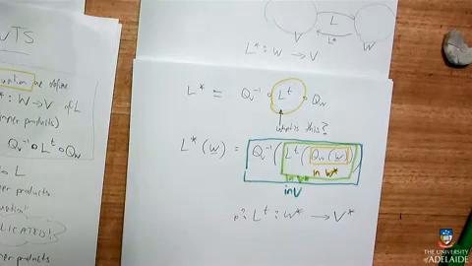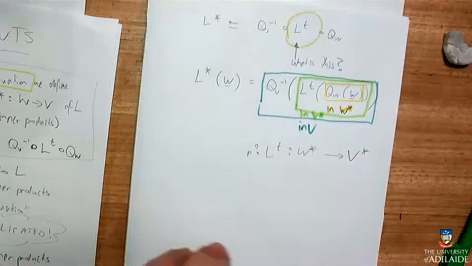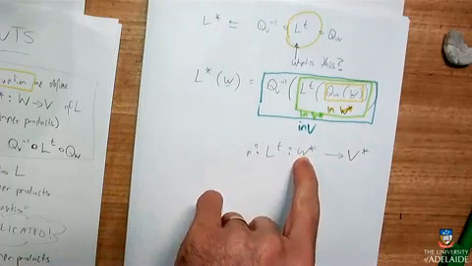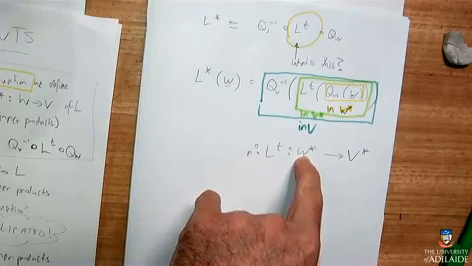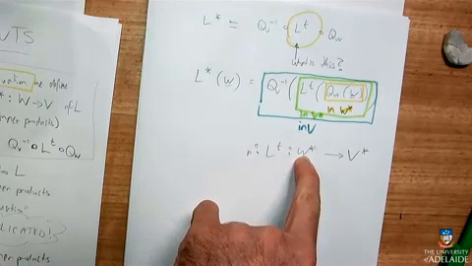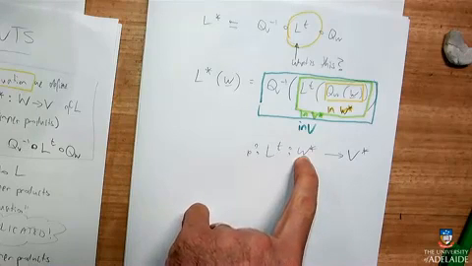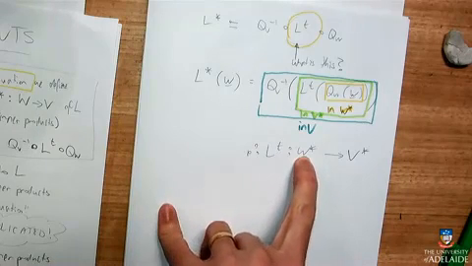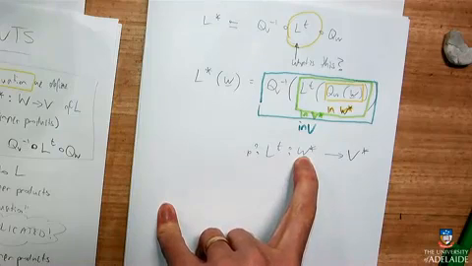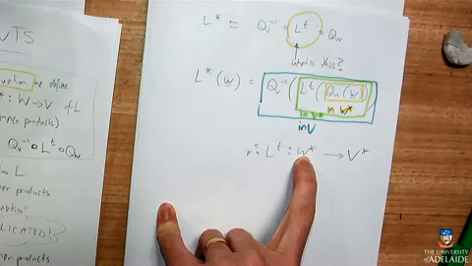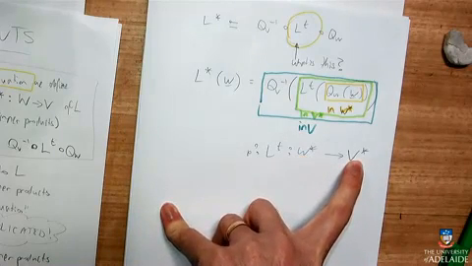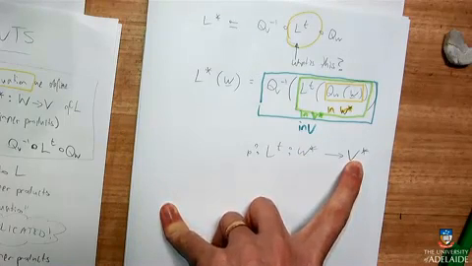And my guess as to the way it does that is that W star is the functions from W into the field, and V is the functions from W into the... I have no idea how this works.